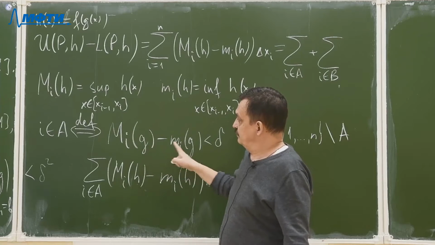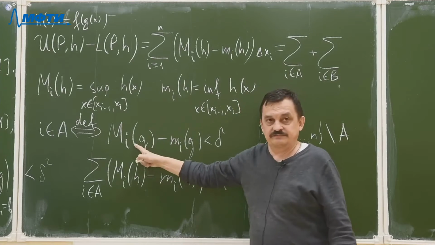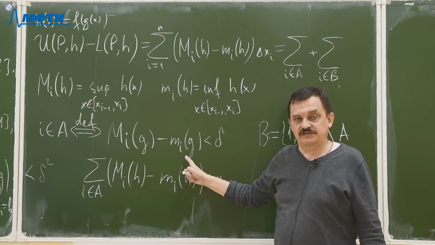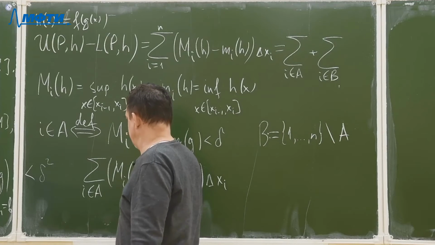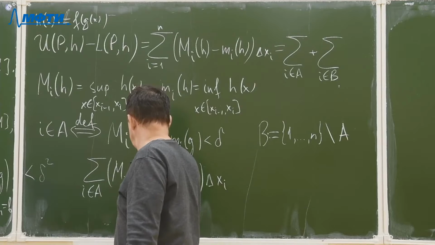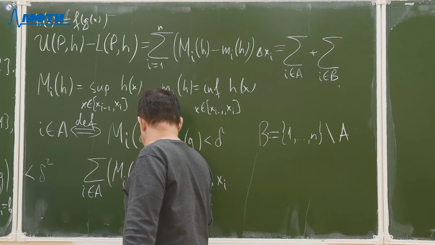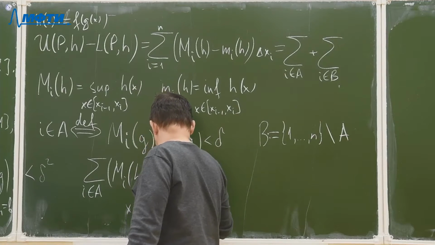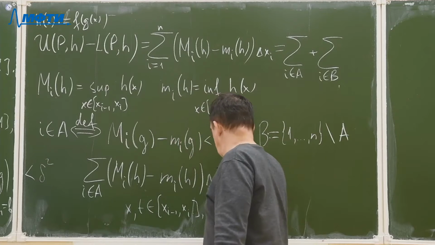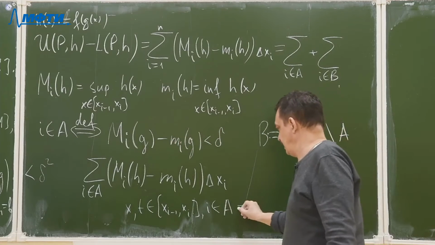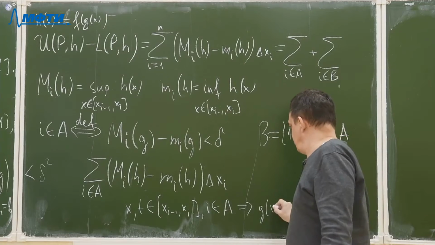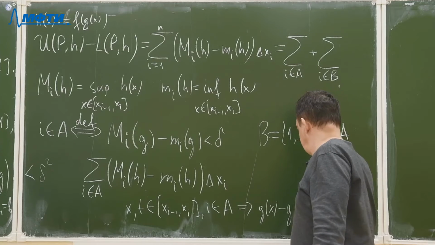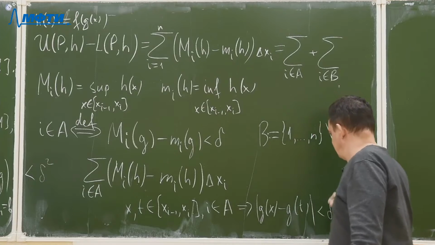If i is in our capital A, then for arbitrary two points x and t belonging to [x_{i-1}, x_i], the modulus of the difference between g of x and g of t is less than delta.